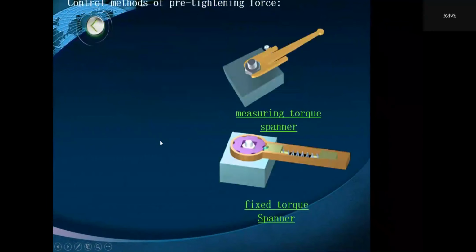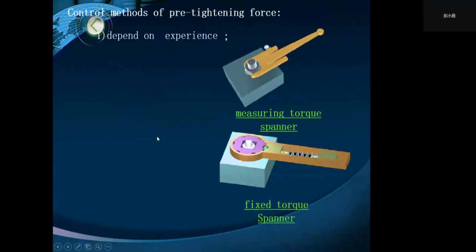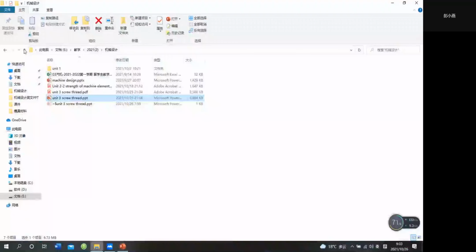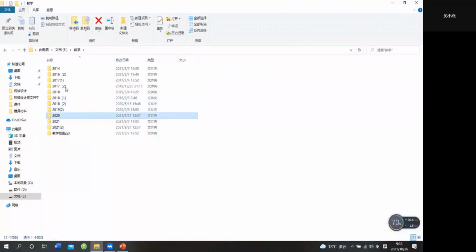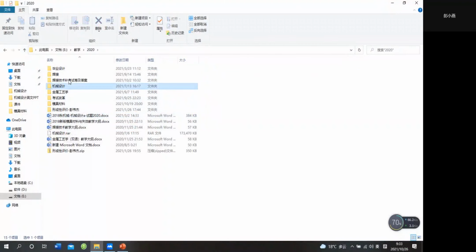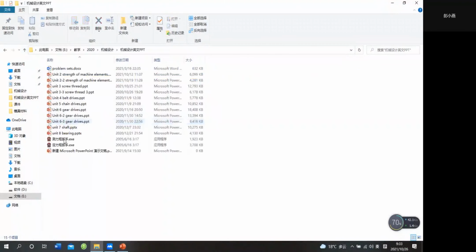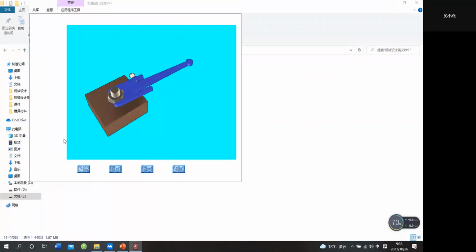The preload can be controlled by a measuring torque spanner and a fixed torque spanner.